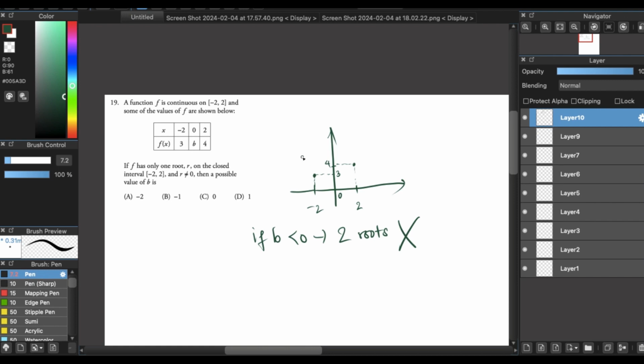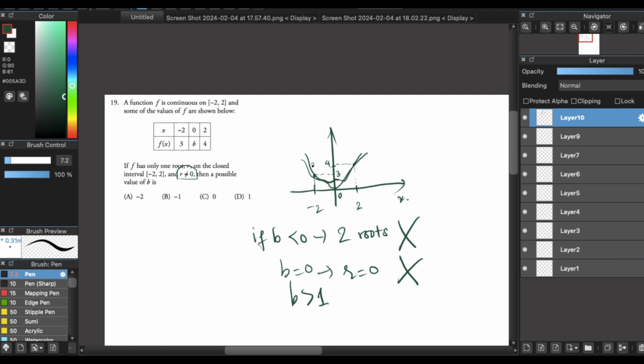So it's not possible for b to be smaller than 0. If b is equal to 0, then the root is going to be 0, but the root is not 0. So if b is equal to 0, r will be 0, so it's not possible. If b is larger than 0, something like this, then it might or might not cut this axis.